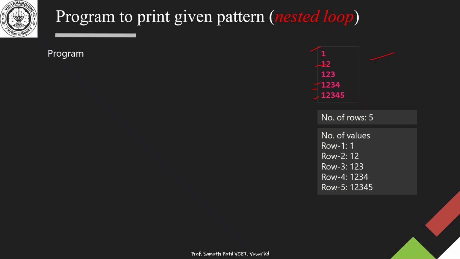So let's see the program. We start with variable declaration, that is int i, j. Now I have not declared n because I don't want to take the numbers; I already know that I want to print 5 rows. So use an outer for loop that will start from i is equal to 1, i less than equal to 5, i plus plus.